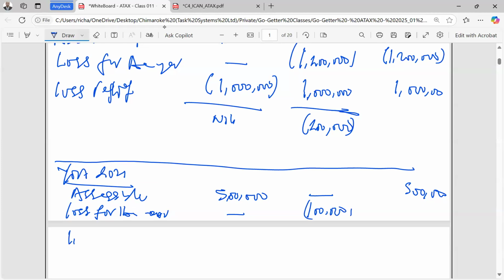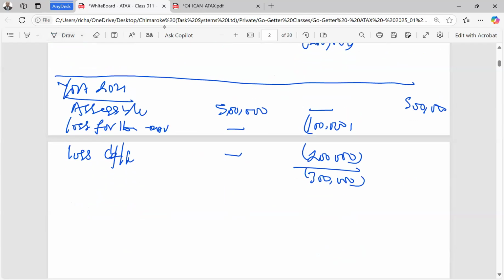Then you now say loss brought forward. Loss brought forward was 200,000. So what it means here, your total loss is 300,000. Now you have enough money to clear this 300, right? But you cannot clear this 200 that was brought forward with this 500. This is because this 200 is a carried forward loss.